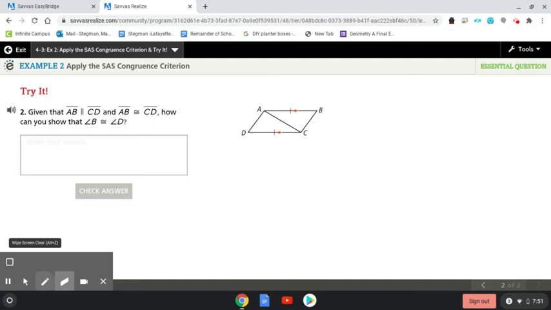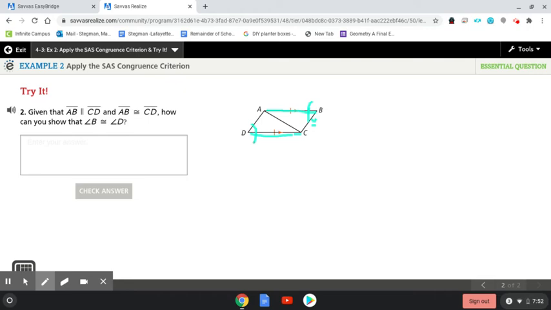All right, so on this next one, it says given that AB is parallel to CD, and AB is congruent to CD. How can you show that angle B is congruent to angle D? How can we show that this angle right here is congruent to this angle?